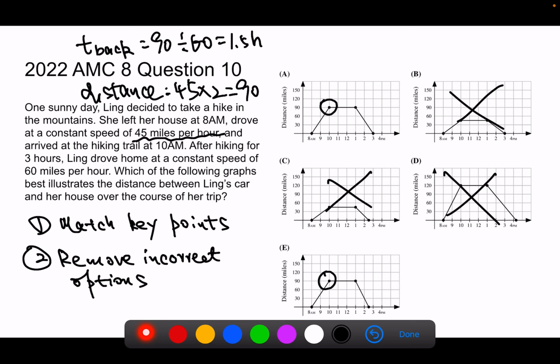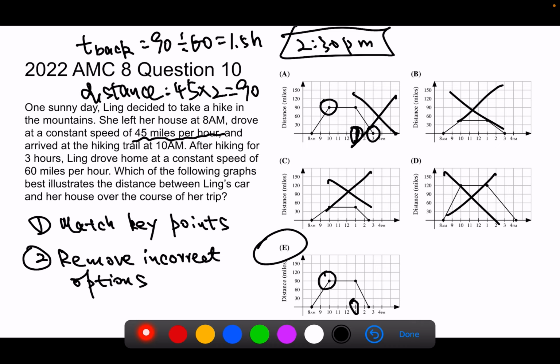So if you start at 1 p.m. to go back, you only need to spend 1.5 hours, which means you need to end at 2:30 p.m. to be back. Then you just compare A and E. You'll find A is 3 p.m., so that's not correct. E is 2:30, so the answer is E.